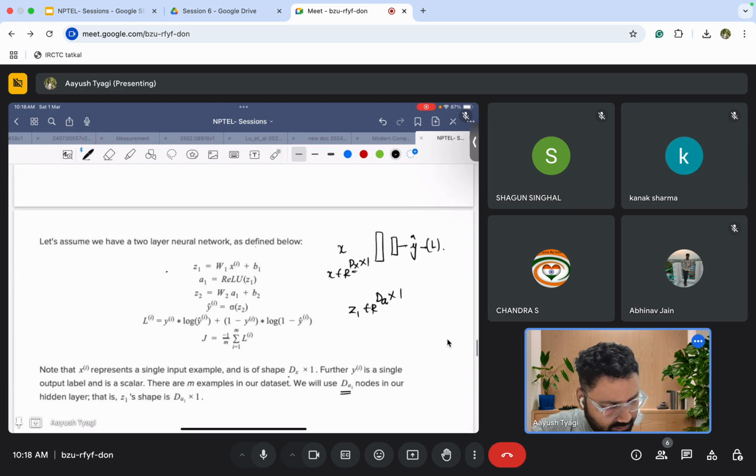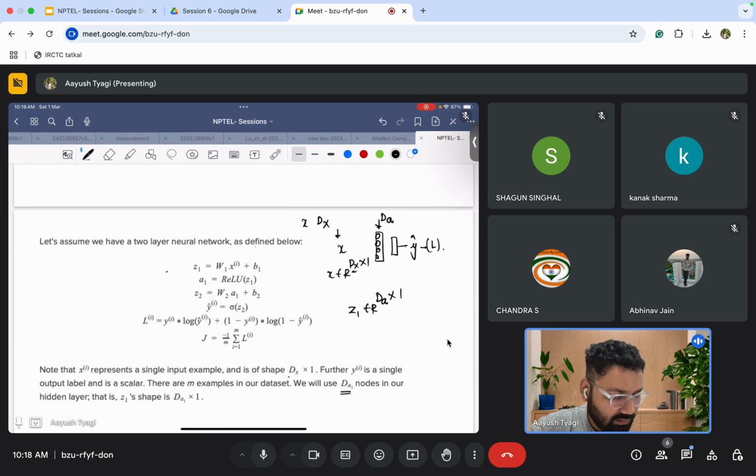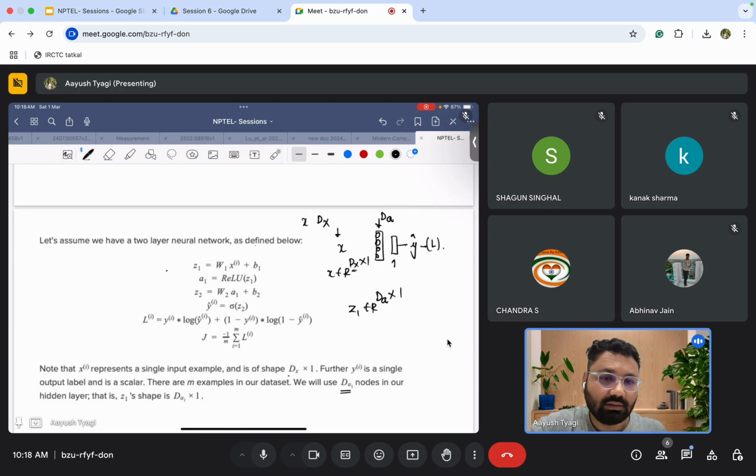X has dX features. These are the neurons, and there can be multiple neurons in a layer; there are dA neurons. In this case also there will be some sort of dA mapping.